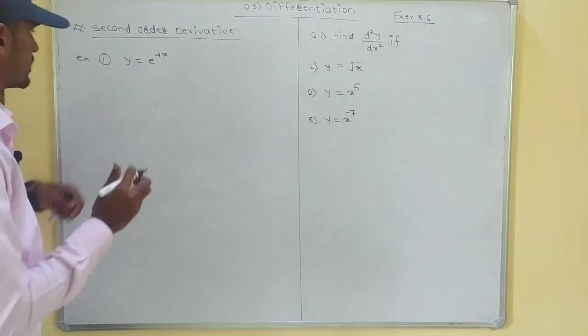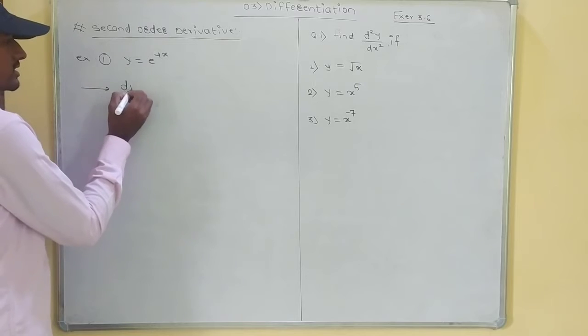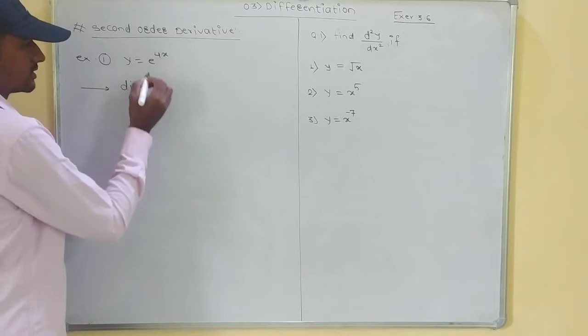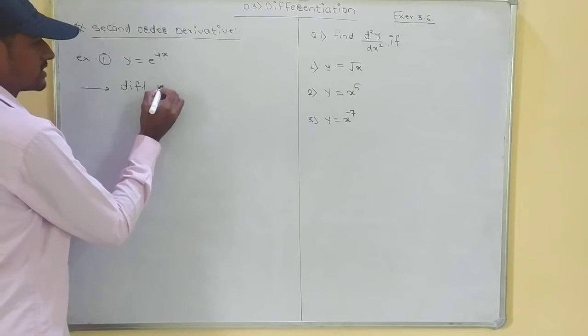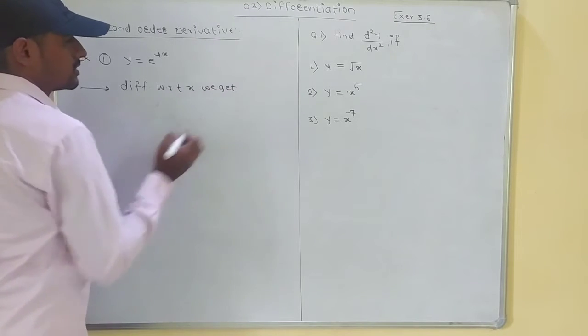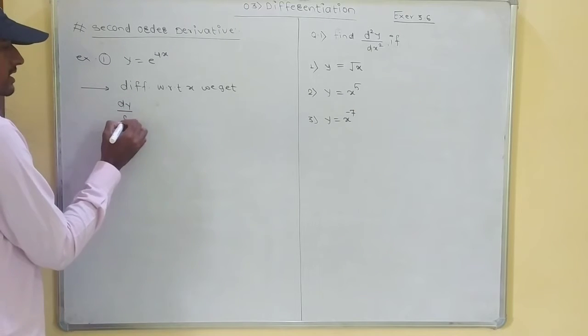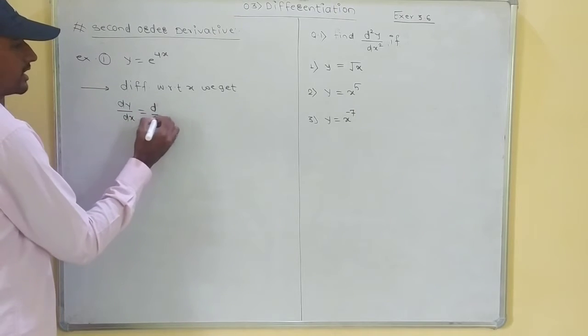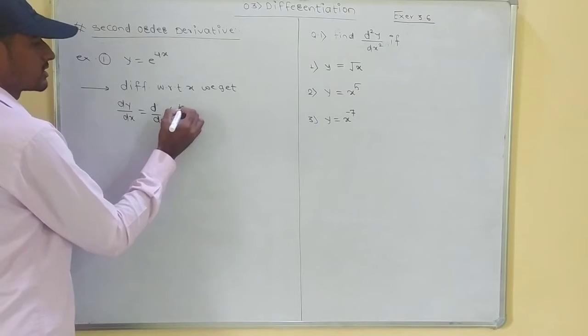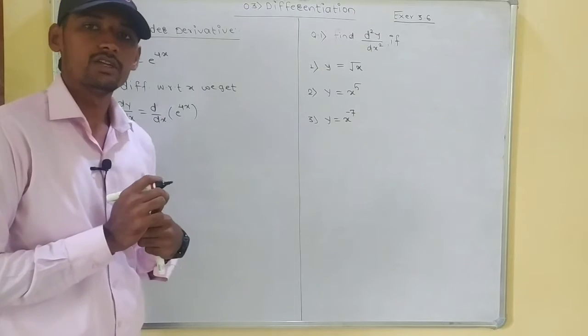Now first of all we are going to differentiate this function. So write down here, differentiate this function with respect to x, we get, the derivative of this function is dy by dx, and d by dx of e to the power 4x. Now we know that the derivative of e to the power any function is e to the power that function into the derivative of that function.